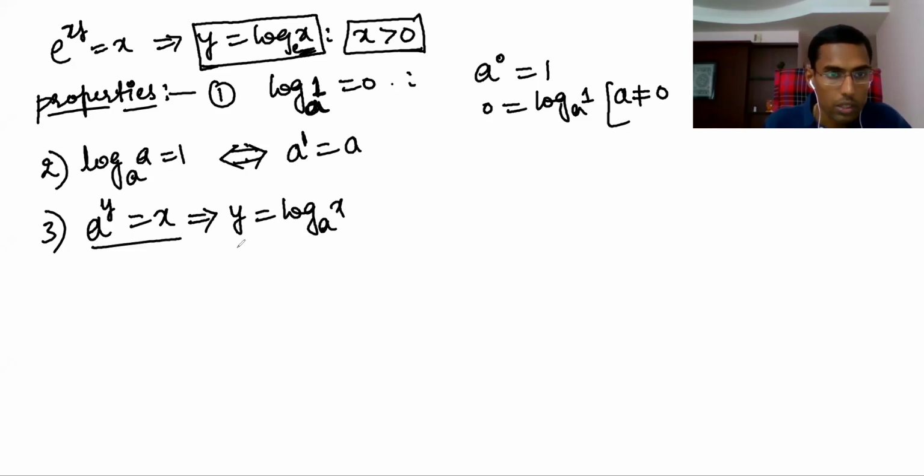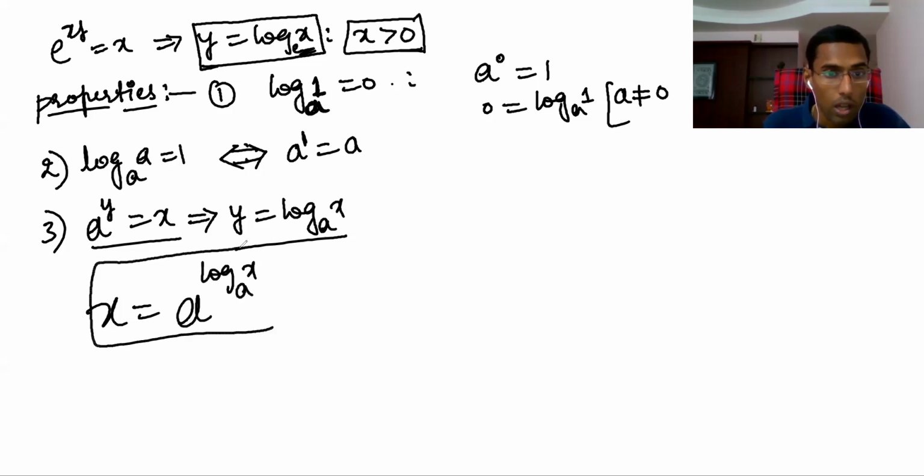So now I can write x equals a to the power of y, which is a to the power of log x to the base a. This is one formula: a to the power of log x base a is simply x.